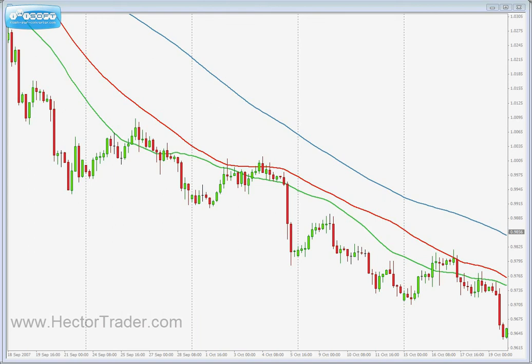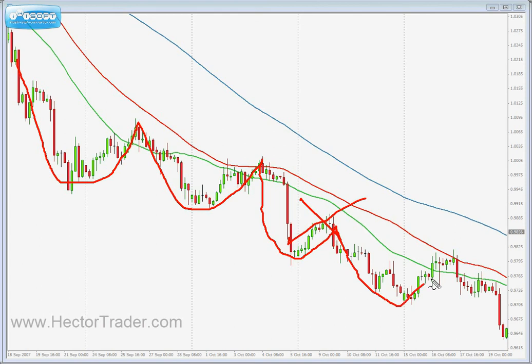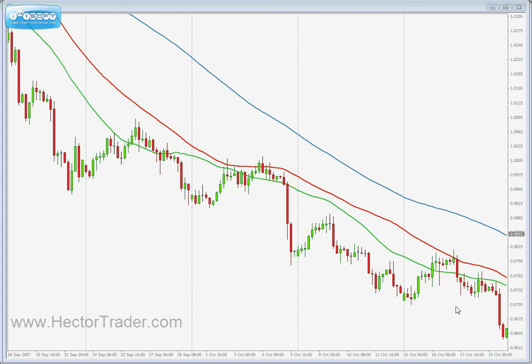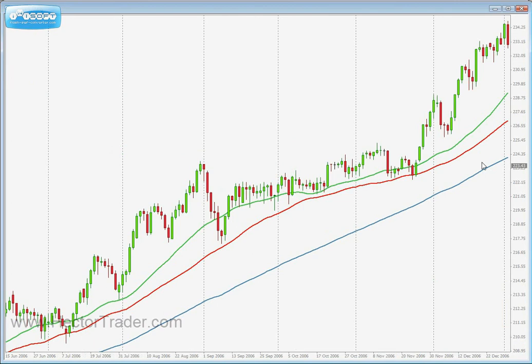So as far as this video is concerned, don't worry too much about entries, but just mind the harmonic swinging, note right here the harmonic swinging formation, and keep an eye on the dynamic area of support and resistance. Okay, another chart, why not?